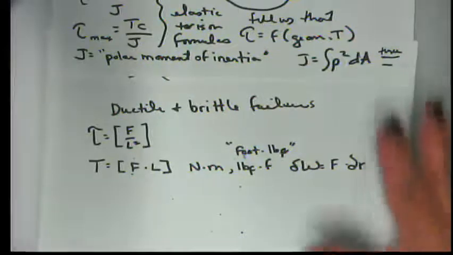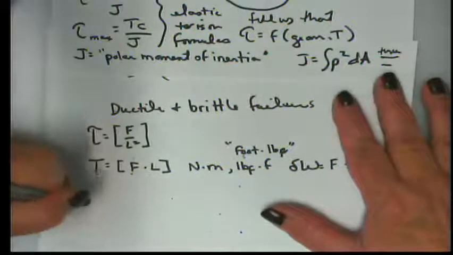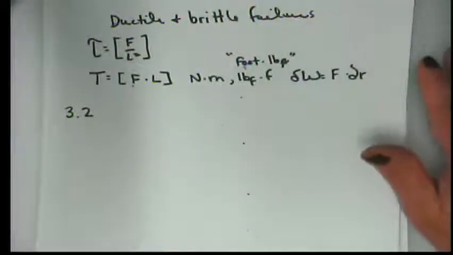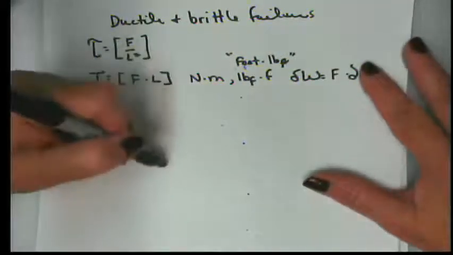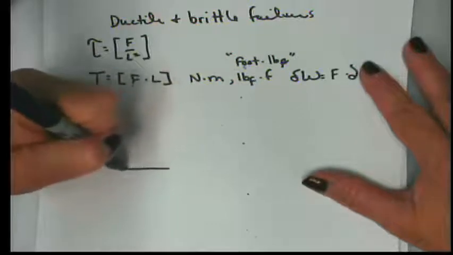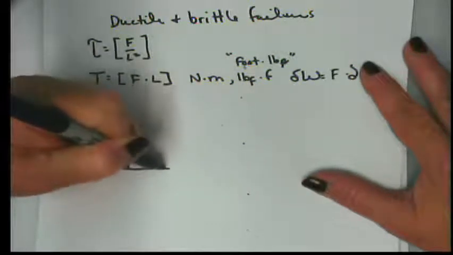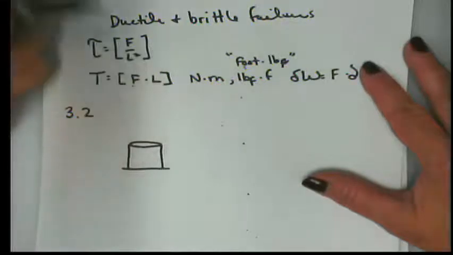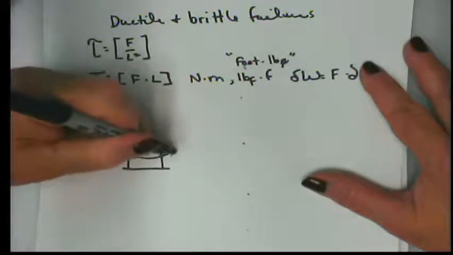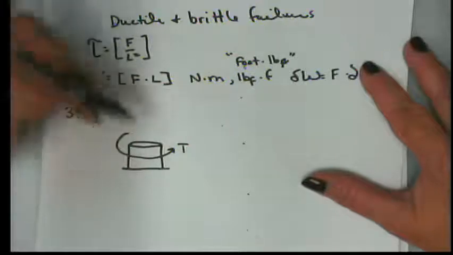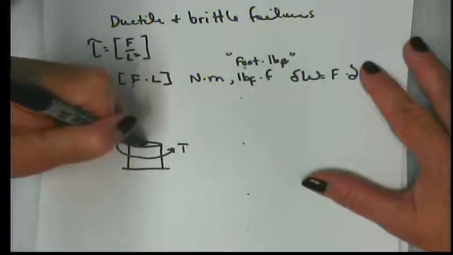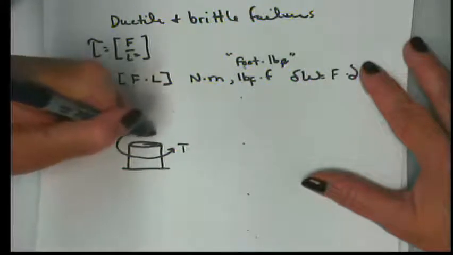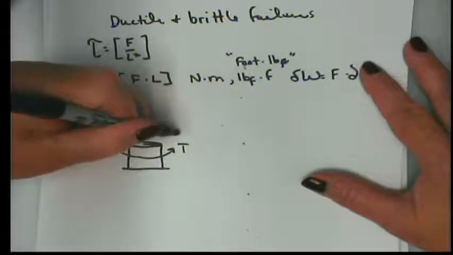Let's look at problem 3.2 for starters. Okay, 3.2 reads, for a cylindrical shaft shown, so what we have is a base from which a shaft is attached, and we're subjecting it to a torque like this, and we're told that the radius C is equal to 18 millimeters.